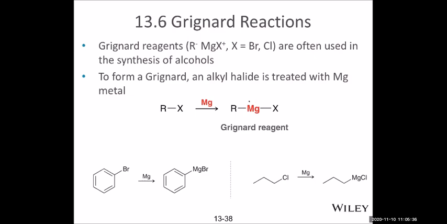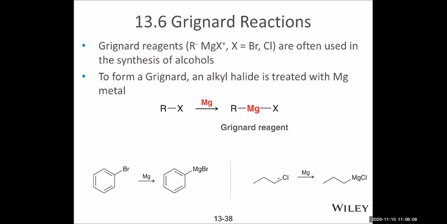It's just because magnesium is a metal, but it has a fairly high electron activity, so it has some tendency to share electrons, not completely give away the electrons. So, for example, bromobenzene reacts with magnesium to give you the Grignard reagent. For the Grignard reagents, you put the alkyl group to the left, magnesium in the middle, and the halide to the right. So this is phenyl magnesium bromide, a Grignard reagent.